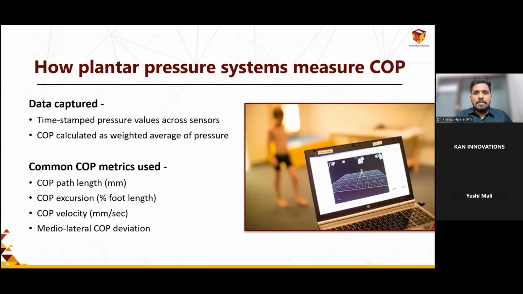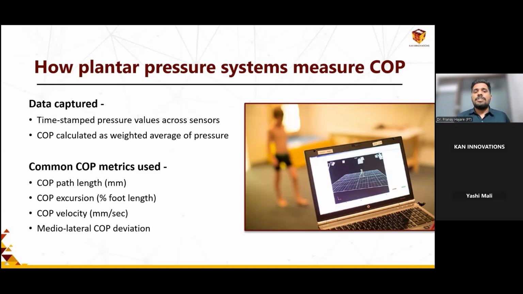From this, we get measurable parameters, in which the center of pressure metric is used. Center of pressure path. Center of pressure can be measured in four major metrics. Center of pressure path length, which shows how far the pressure travels during the stance. Next is center of pressure excursion percentage, which tells you how effectively the weight moves from heel to toe.